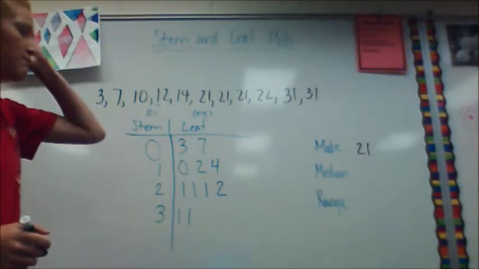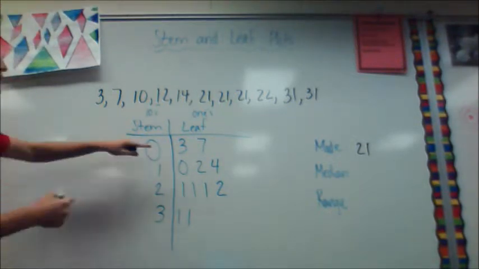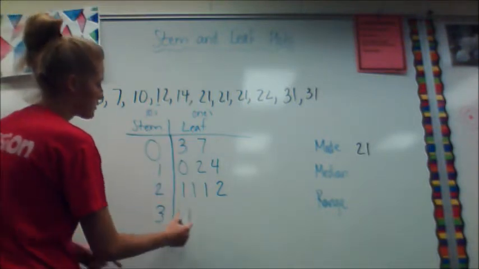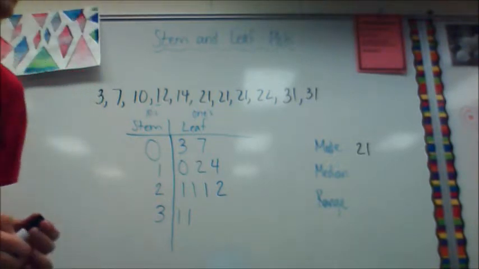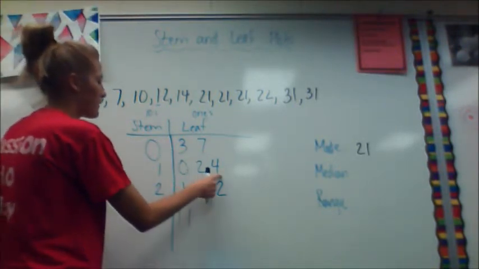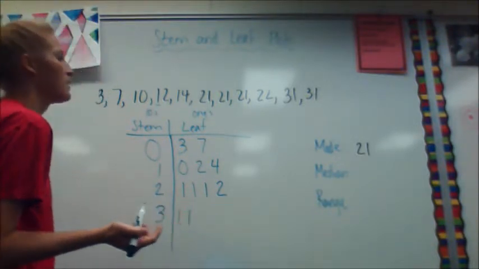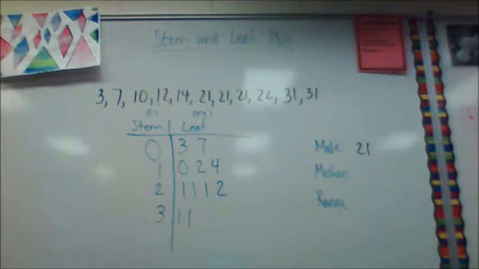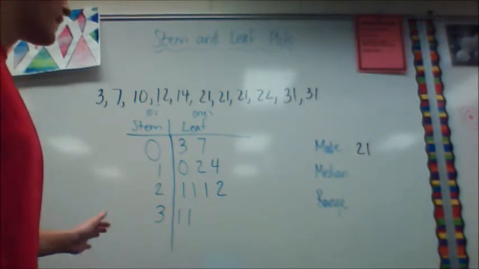The next thing I have is median. And you can still, if you want to, karate chop on this chart. You would start with the smallest, which is 3, and the biggest, which is 31, and keep going. Or the other way you can do it is to count how many numbers you have. So we have 1, 2, 3, 4, 5, 6, 7, 8, 9, 10, 11 numbers. And so if I cut that in half, that would be about 6.